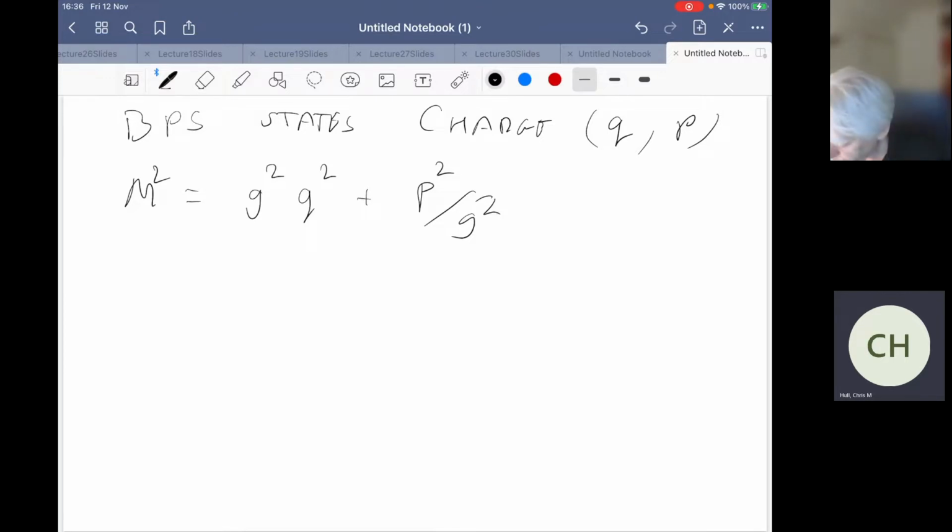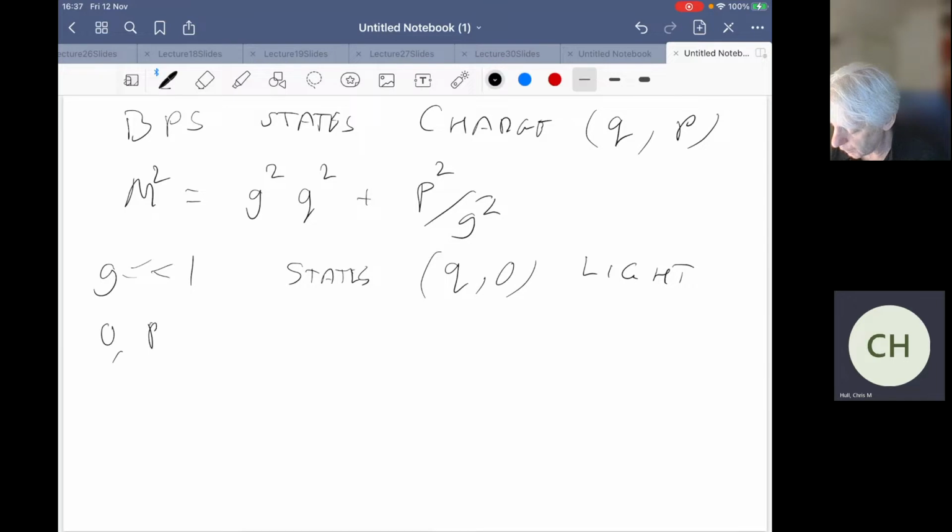So if we look at weak coupling, g less than 1, we see that BPS states with charge Q0 are light, and the ones with charge 0P are heavy.